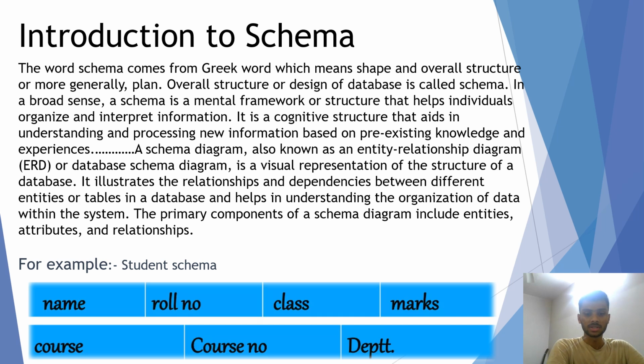It illustrates relationships and dependencies between different entities or tables in a database and helps in understanding the organizational data within the system. The primary components of a schema diagram include the entities, which are the objects which are present in them, the attributes, then the relationships of the entities within the given table, their primary keys and foreign keys relationships.